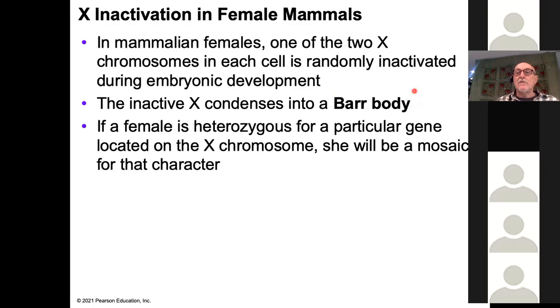And this leads to a very interesting situation, because if a woman is heterozygous, if one X chromosome carries one allele and the other X chromosome carries an entirely different allele, then we have both cell types expressing. Now, sometimes that is very useful, and I'll show you exactly why.